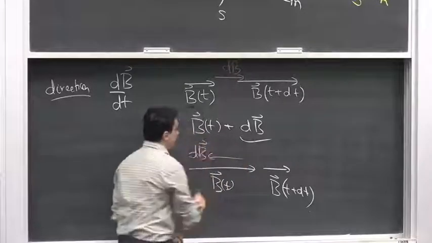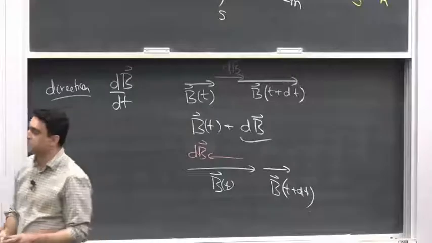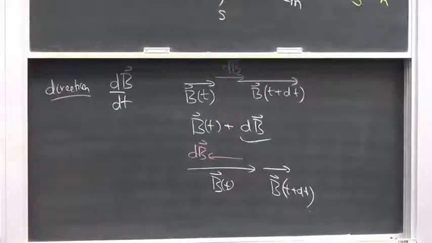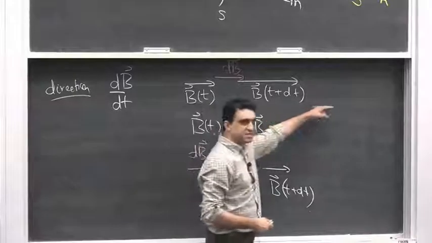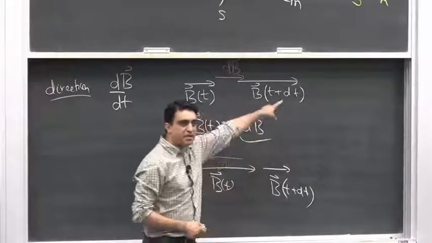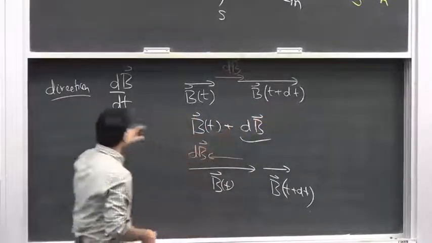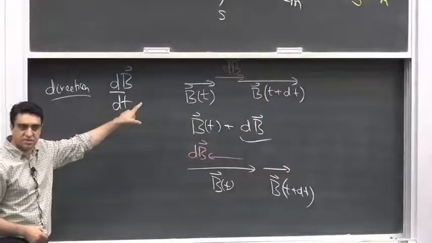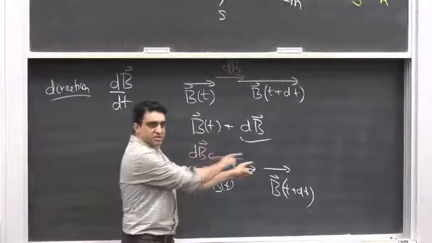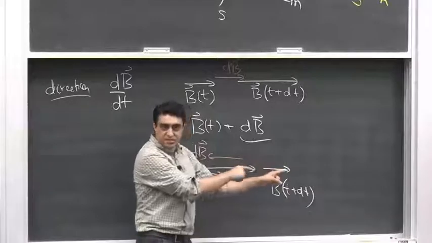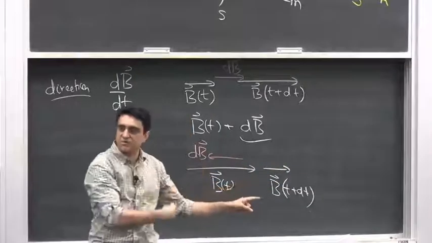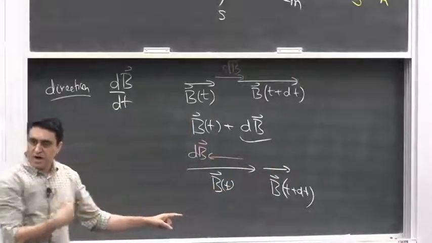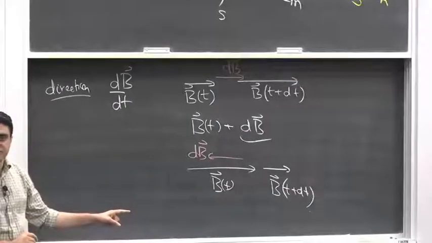So the dB in this case, the change in the B, would be in the opposite direction. So if the magnetic field is increasing in this direction, the dB by dt is in the same direction. But if the magnetic field along this direction is decreasing in magnitude, then it would have a dB by dt in the opposite direction.